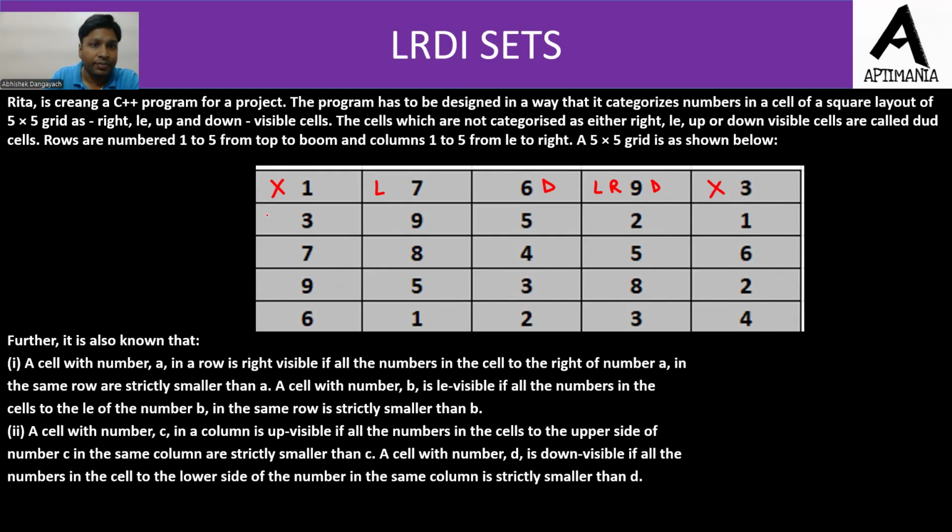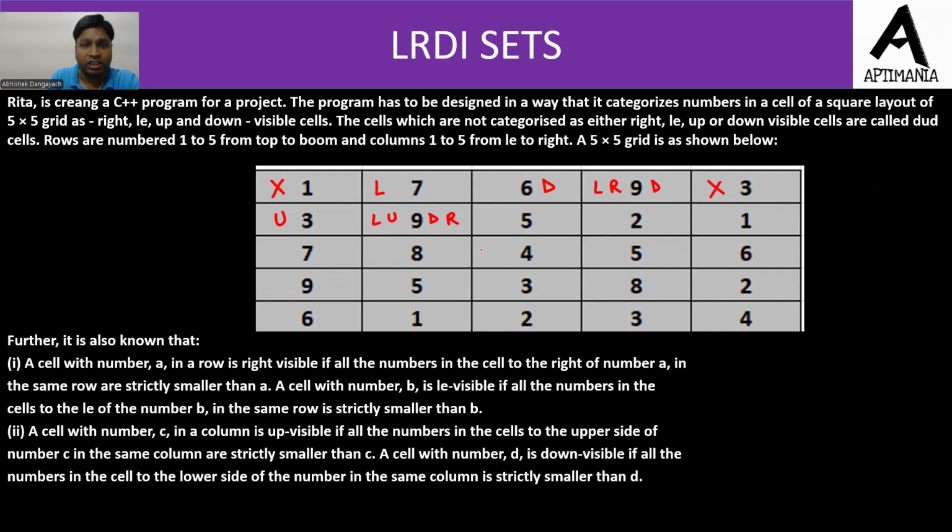Now this 3 again. This is up visible because we have only one number above 3 and which is smaller than 3. This is not down visible, not left. Left is not applicable and not right as well because we have 9. Now this 9 is again the highest number. So this is left visible, this is up visible, this is down visible, this is right visible. This cell has all the 4 types of visibility.